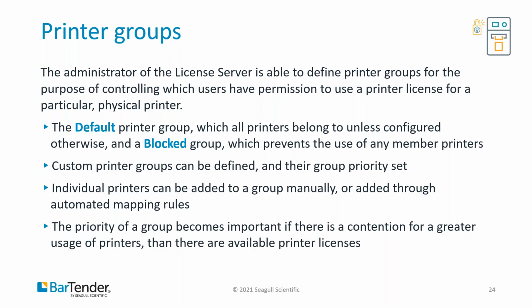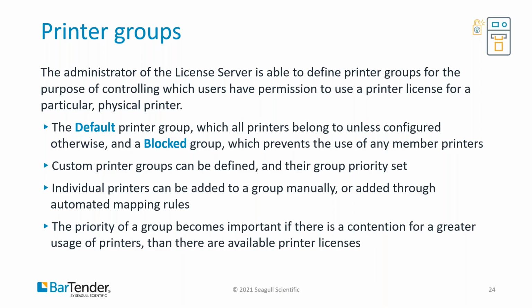It may be that you don't want users who are not part of the production group to be able to print to production printers. And therefore, with printer groups, you can define these limitations. You can define this user access control so that unauthorized people can't print to printers that you don't want them to.